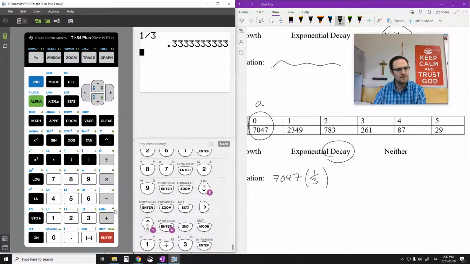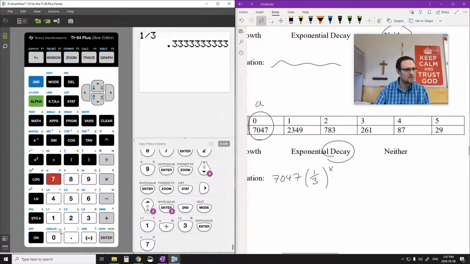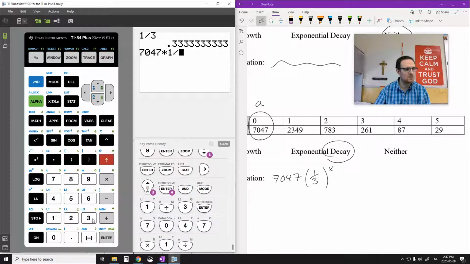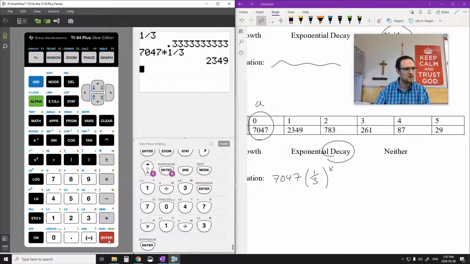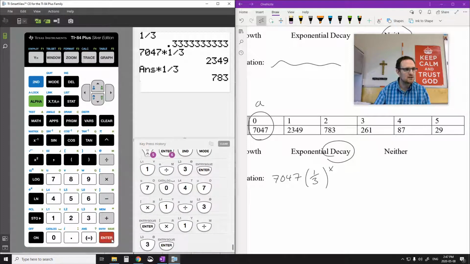Yeah, 1/3. Okay, to the power of x. So it looks like I'm timesing it by 1/3 as I go down. You can just double check that by going 7,047 times 1/3. Yeah, that's my number, and I can times it by 1/3 again. That's the next one. There's my next one. Yeah, so that's perfect.